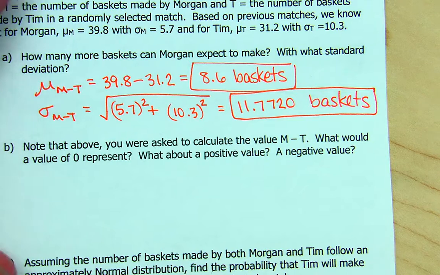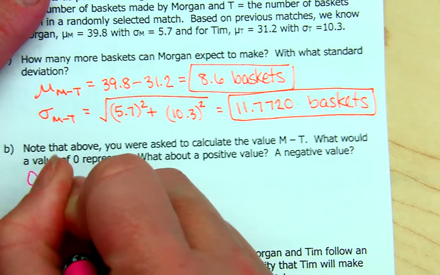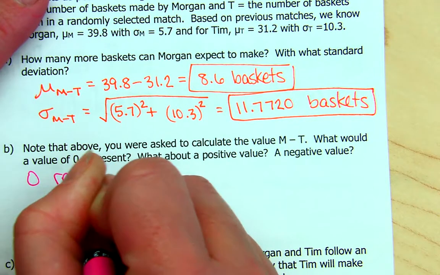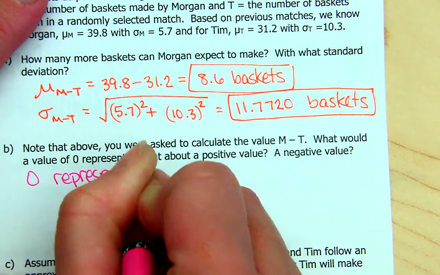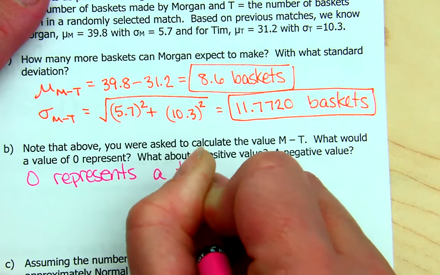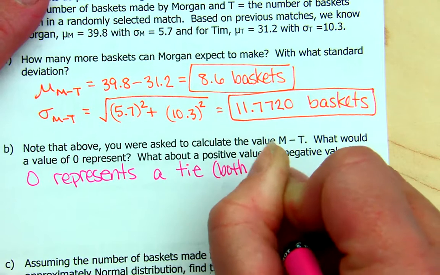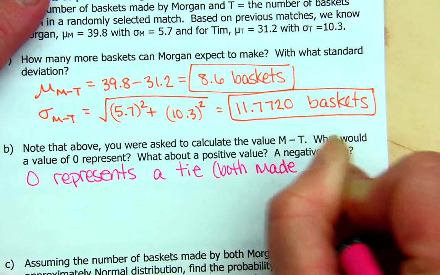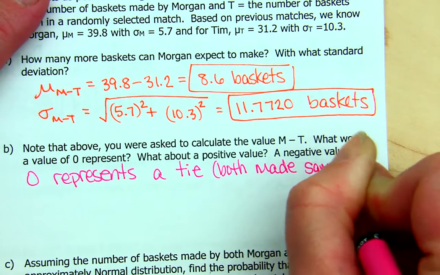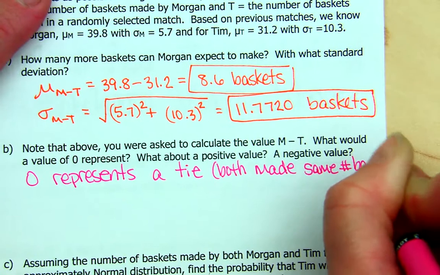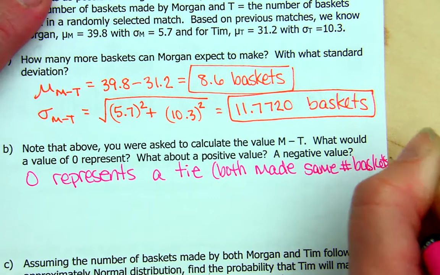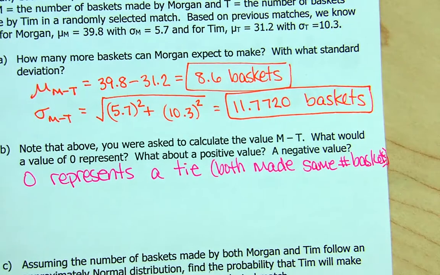There you go. So 0 represents a tie, basically. Both scored the same. So both made the same number of baskets.